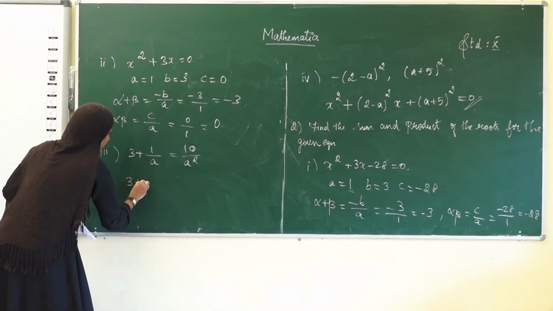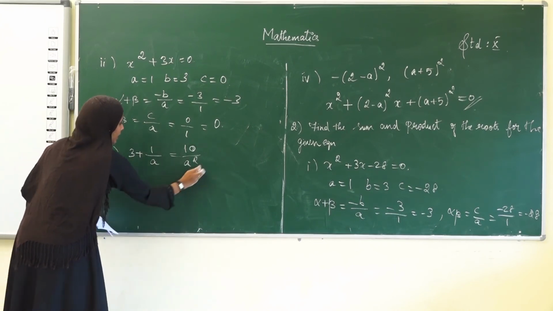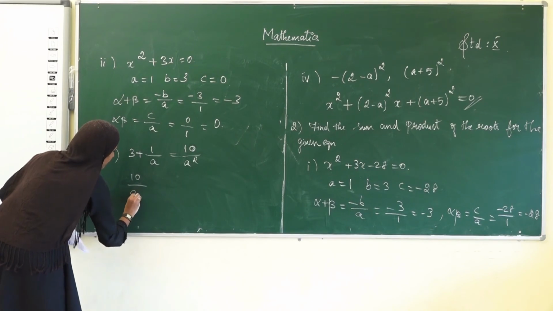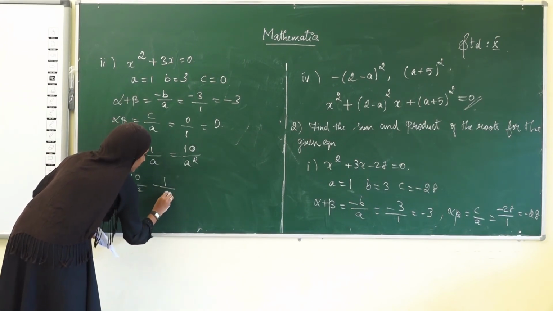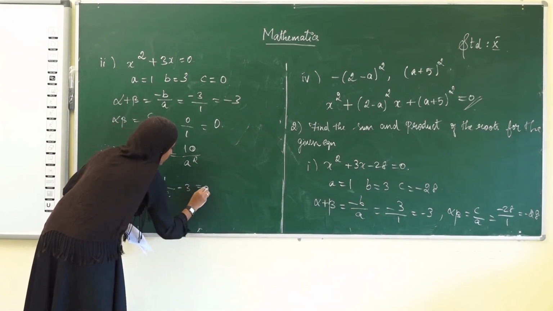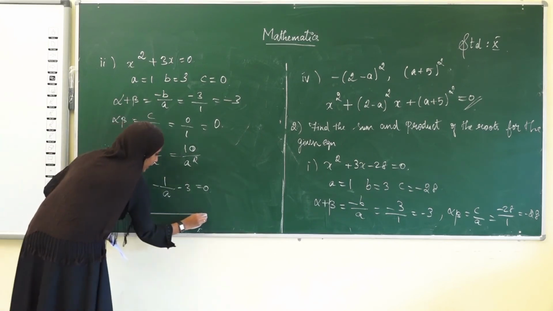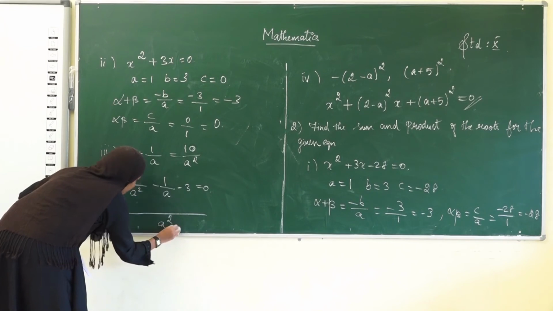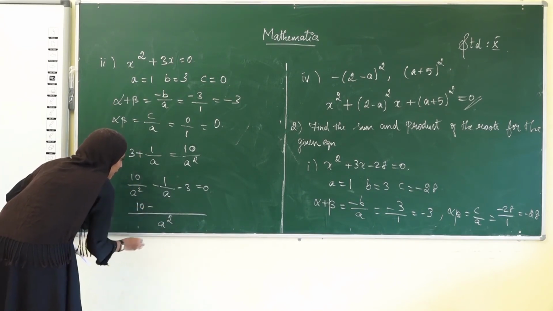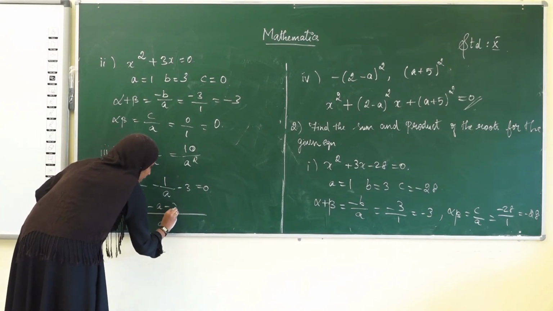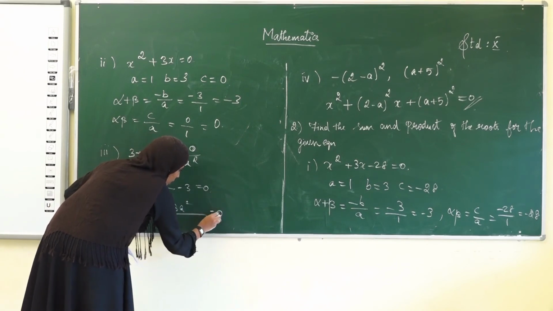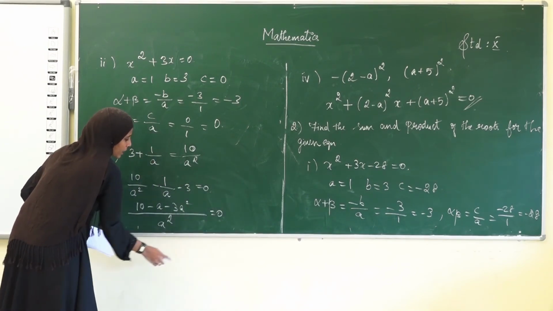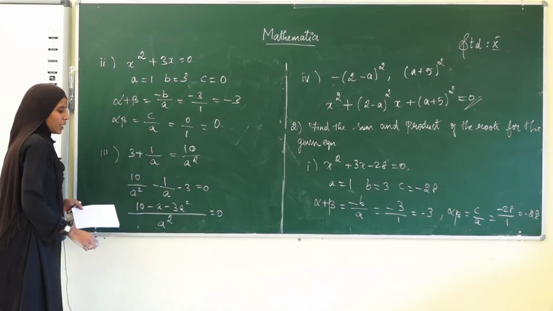Let us take these two terms to that side. 10 divided by a square minus 1 divided by a minus 3 equal to 0. Now taking LCM. LCM will be a square. Therefore a square into 10 minus a minus 3a squared equal to 0, and multiplying this, getting this term that side, what it becomes? 0 into any term is 0.